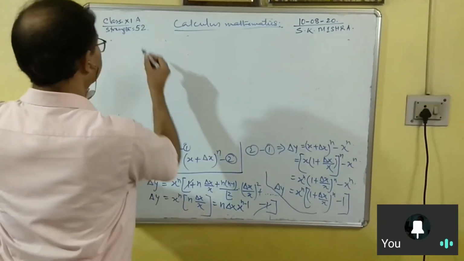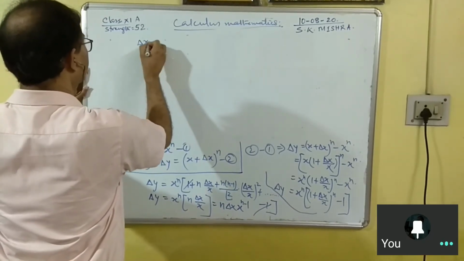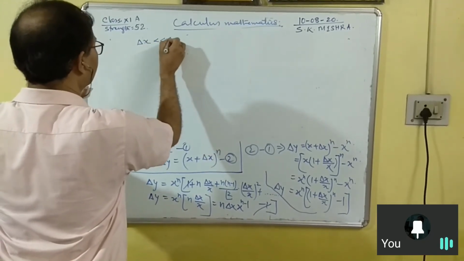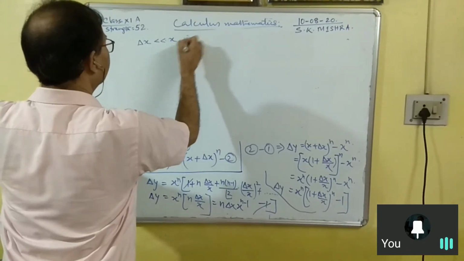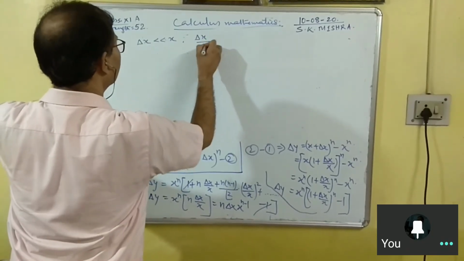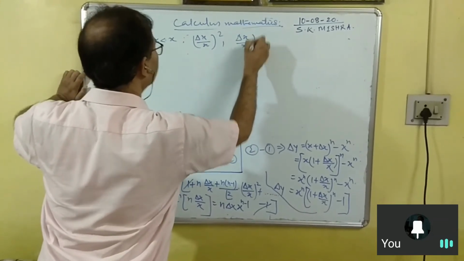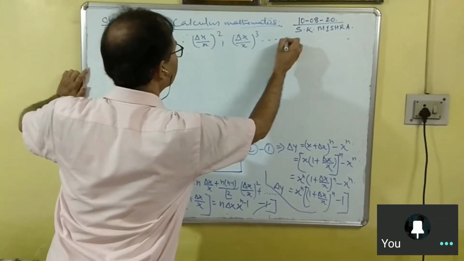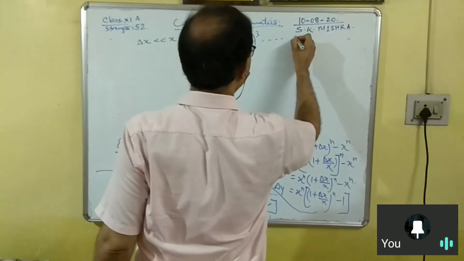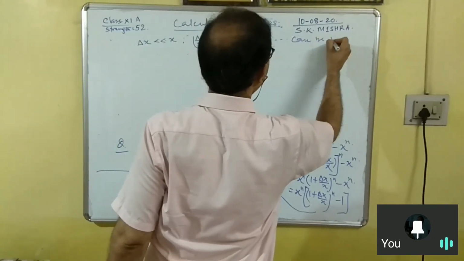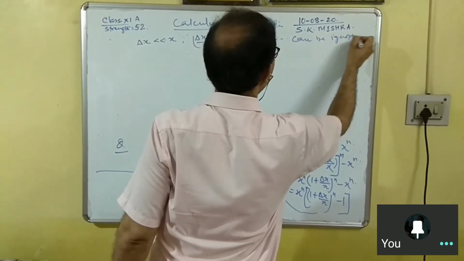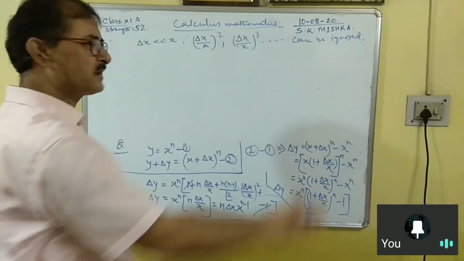Since delta x is very small compared to x, delta x by x whole square, delta x by x whole cube, and so on, terms can be ignored. Why? Because their values are very small.